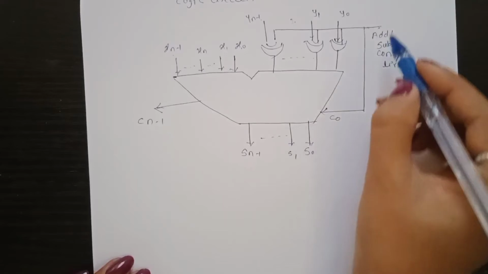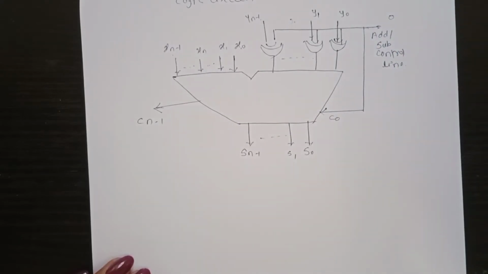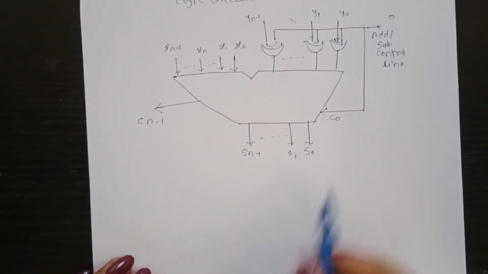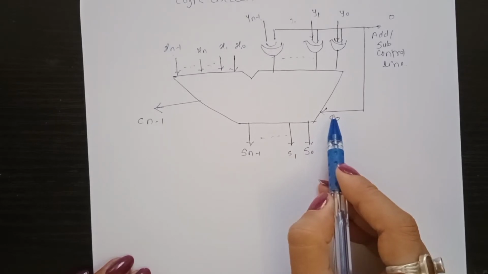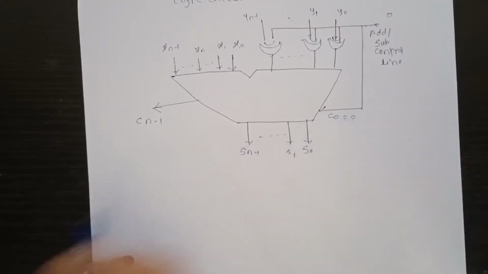So initially this control line is set to 0 for addition, applying the y vector unchanged to one of the adder inputs along with the carry in signal, that is C0 equals 0.